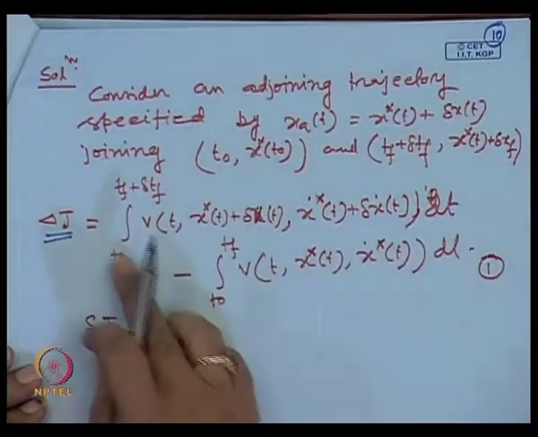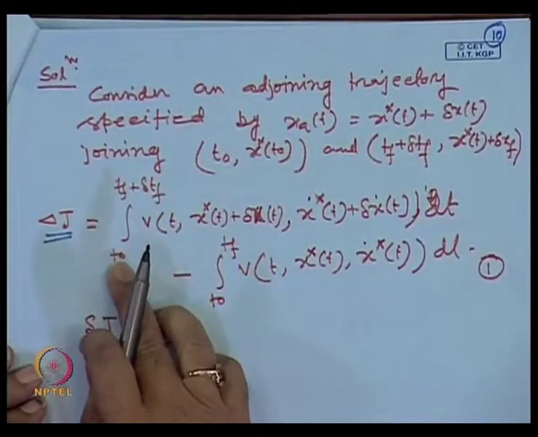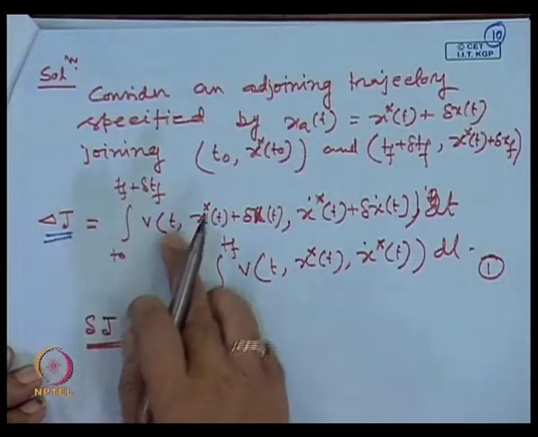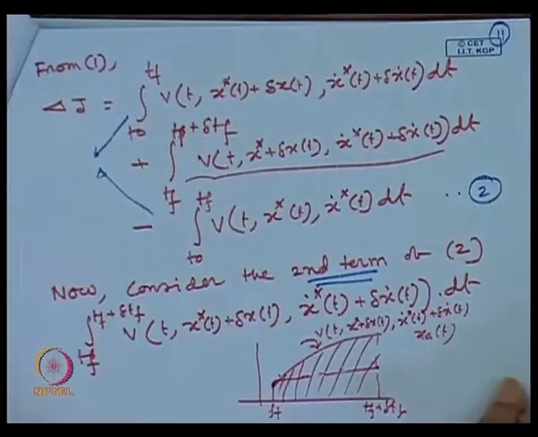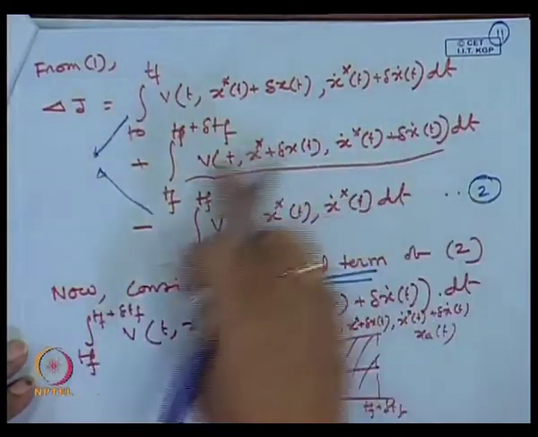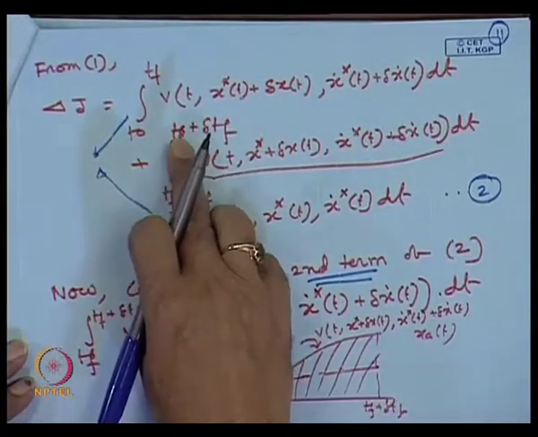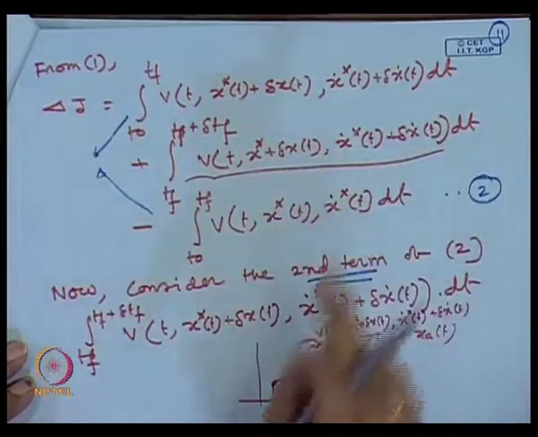So, we can split this into two parts, T 0 to T f and T f to T f plus delta T f.